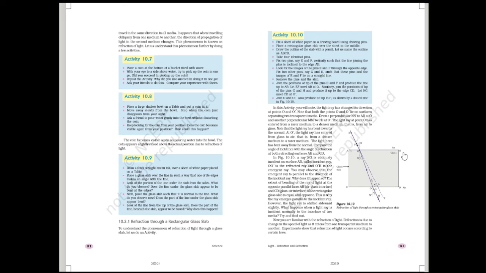Now E and F are the incident ray, O to O dash is the refracted ray, and G and H are the emergent ray.